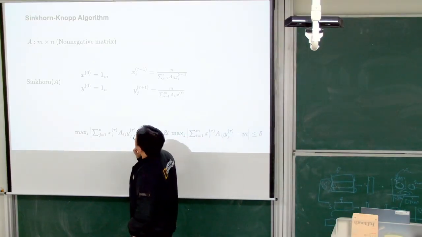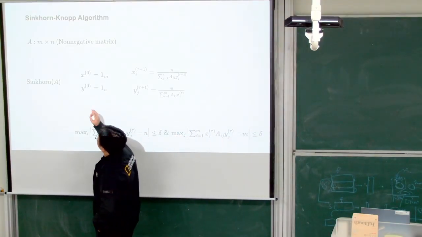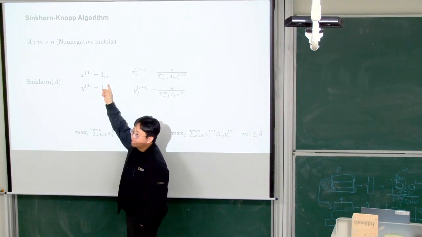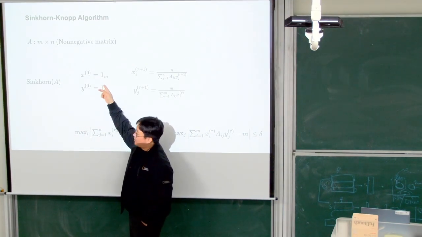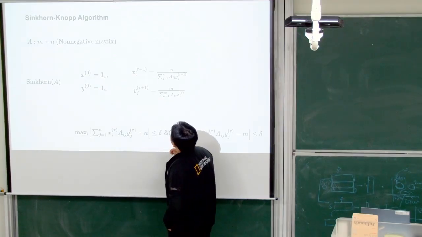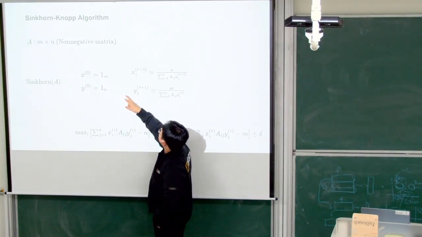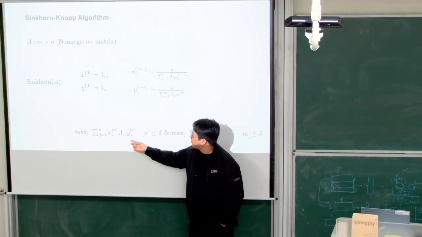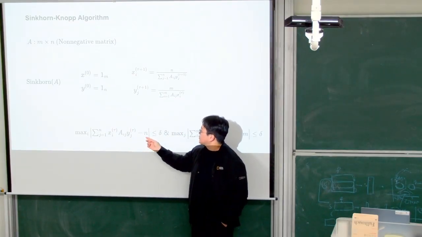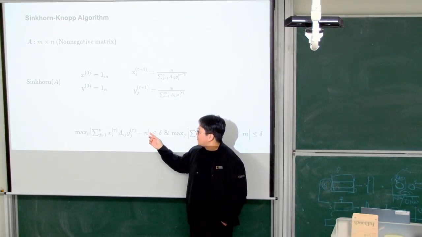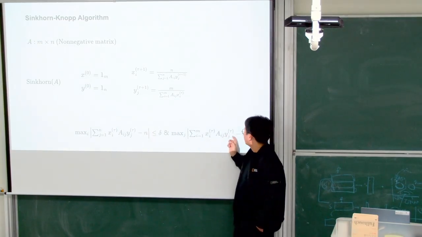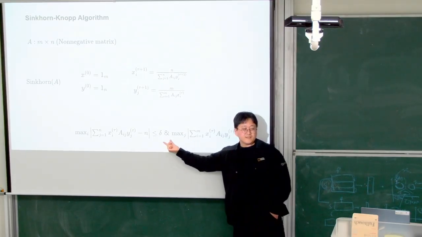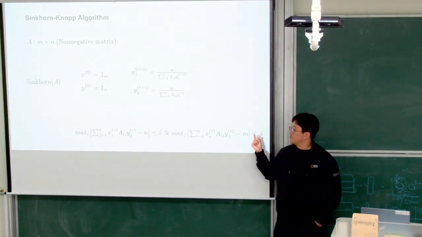When A is included, we can start with this vector. Our goal is to find the vector which satisfies that the summation of this is equal to the number of columns, within this tolerance.